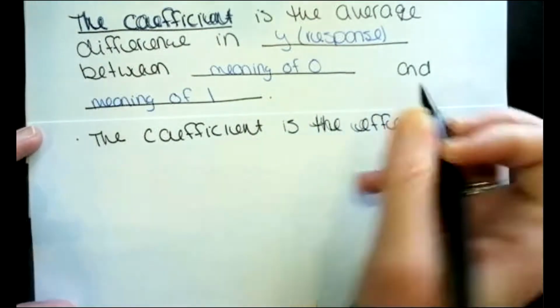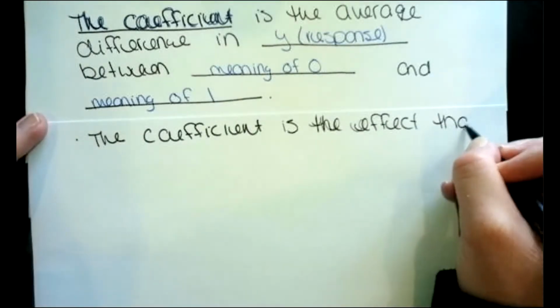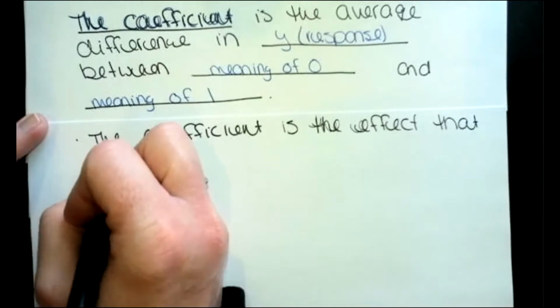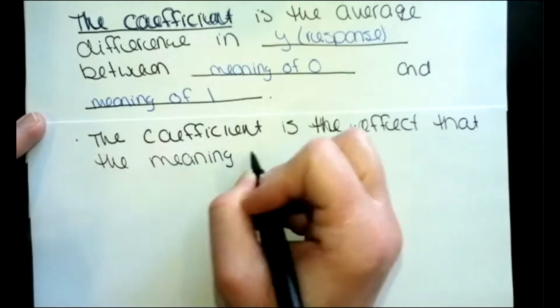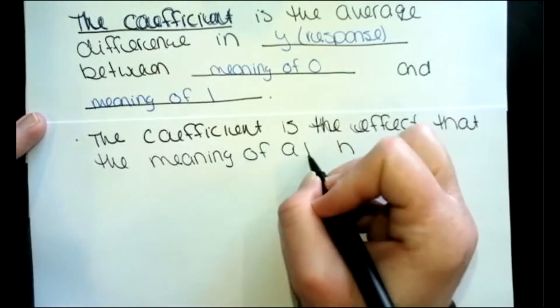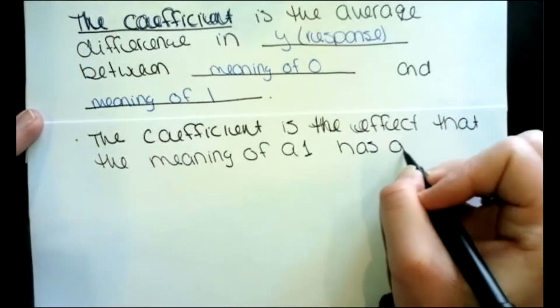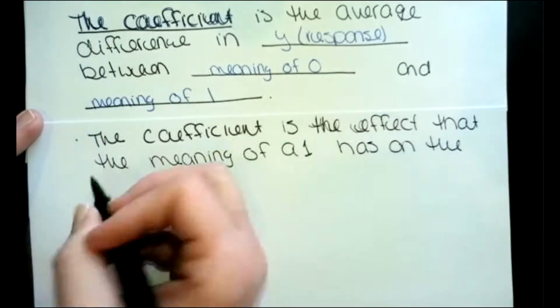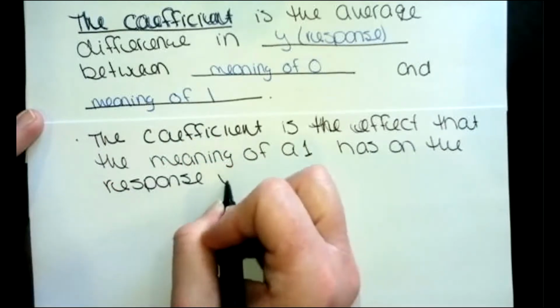Okay. The coefficient is the effect that the meaning of a 1 has, let me write number 1 like that, on the response variable.